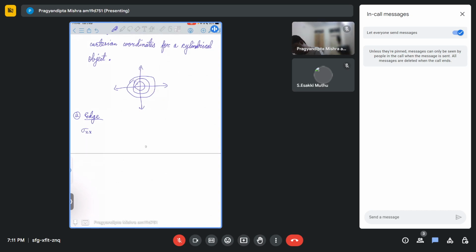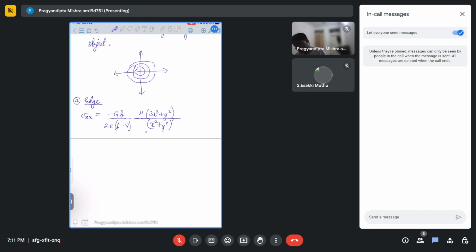Okay. So here sigma xx is equal to minus gb by 2 pi (1 minus nu) times y (3x squared plus y squared) divided by (x squared plus y squared) the whole squared. Okay.